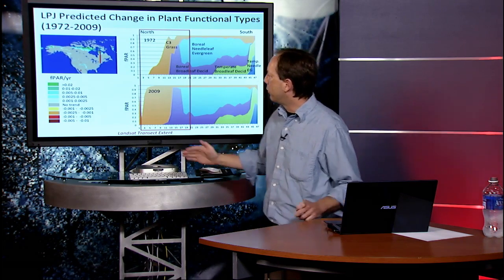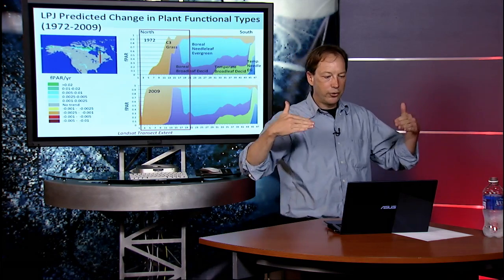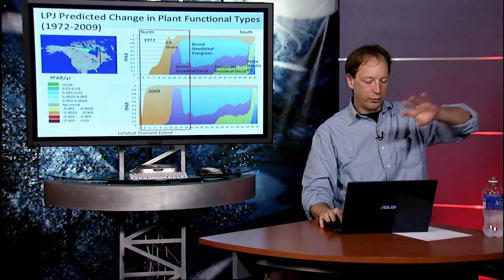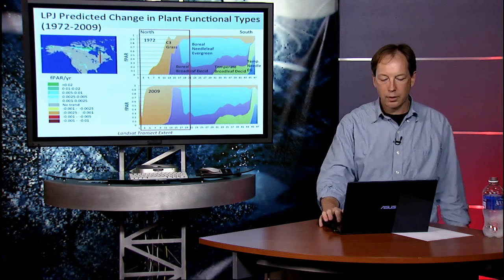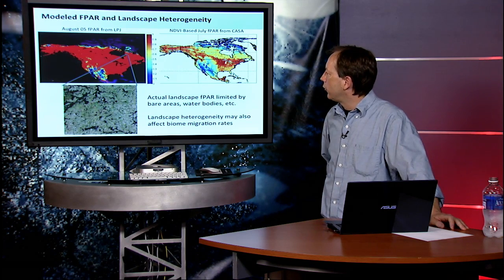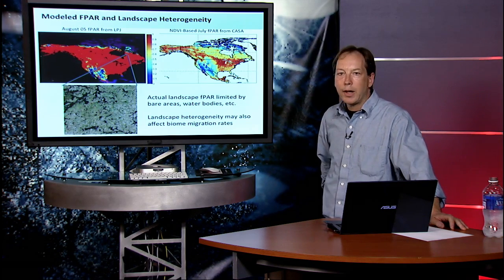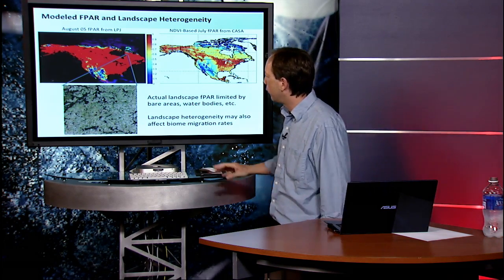Now, one thing that the LPJ model does do is it's a very simple model. So it basically just shows a steady advance of vegetation types in this sort of broad band across northern Canada. In reality, the situation is a lot more complex. And in part, LPJ has a hard time revealing that just because of the heterogeneity of the landscape.